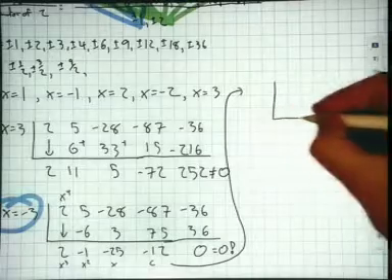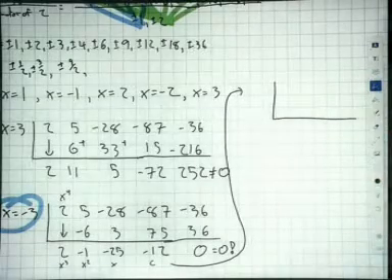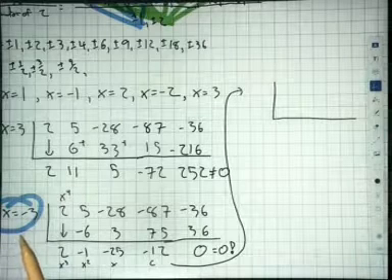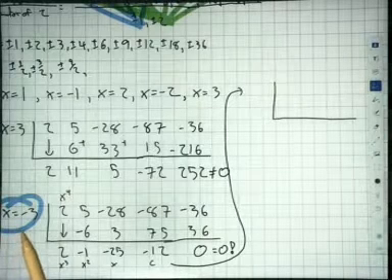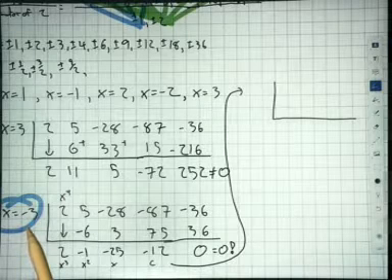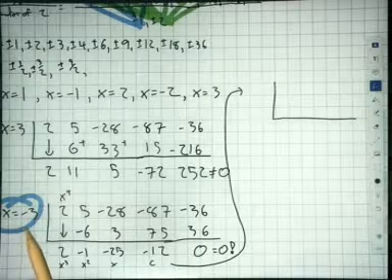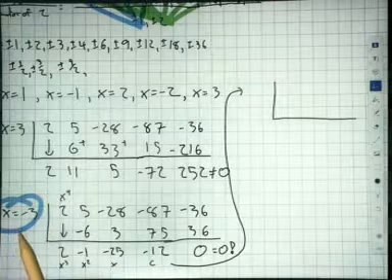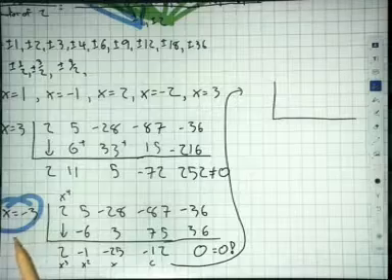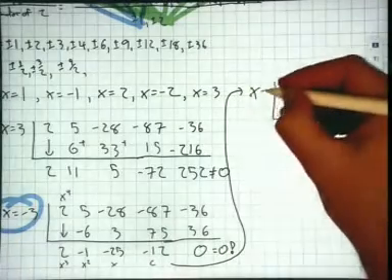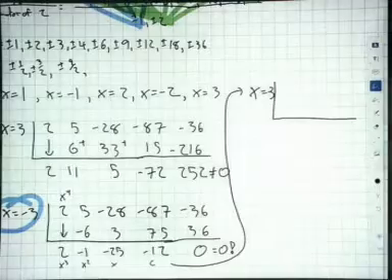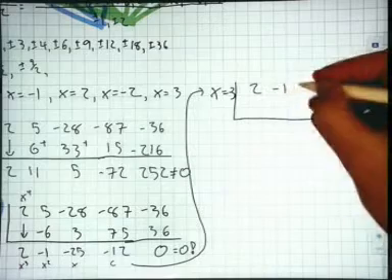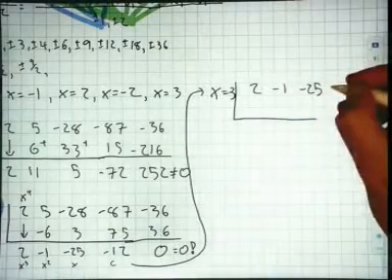And also, you want to continue with the last 0 that you did, because you never know, this could be a repeated 0. This could be a 0 twice in our function. So don't skip out on it. Keep going with this 0. And those coefficients are 2, -1, -25, 12.